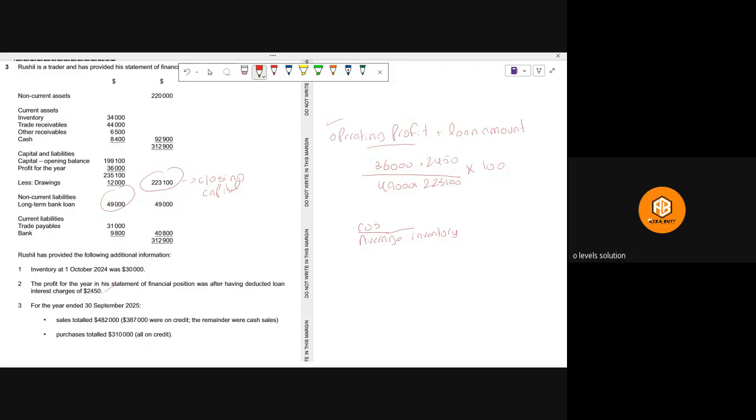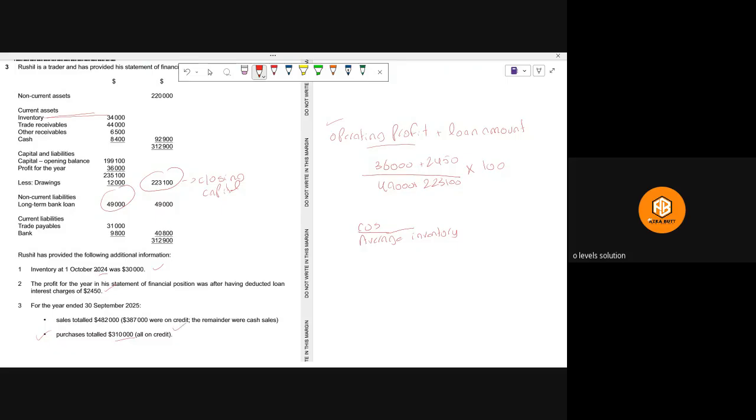Cost of sales means opening inventory, which I think is 30,000, and closing inventory is in the current assets. The purchases are 3,10,000, all on credit basis.